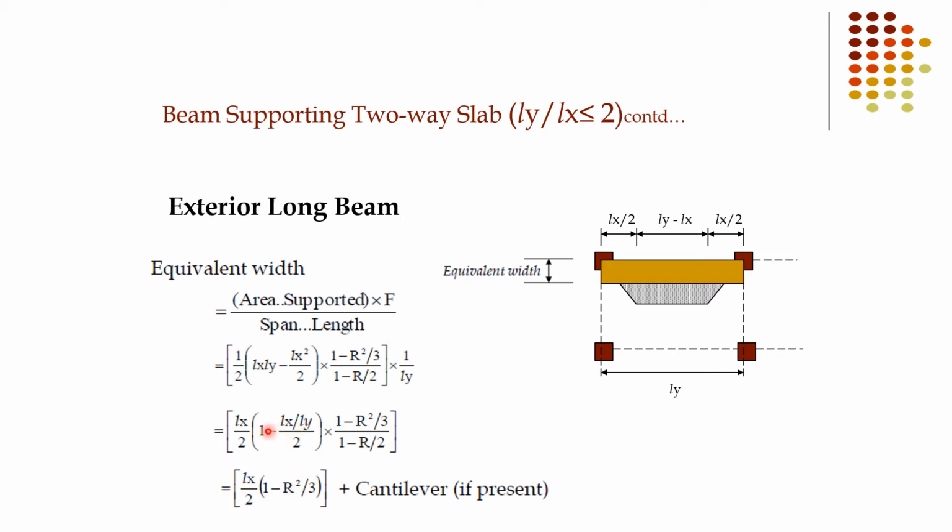So here 1 minus r over 2, here is already 1 minus r by 2, this will be cancelled out, and the remaining answer will be 1 minus r square by 3. And if on the exterior side, other side, there is any cantilever portion, you will add the cantilever width, otherwise this is the equivalent for the exterior long beam.